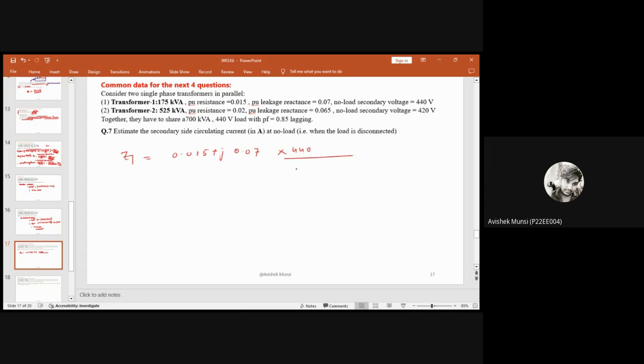That is into the total voltage. So we transfer it into the. Now the impedance for the second transformer. Similarly, you have to convert it.